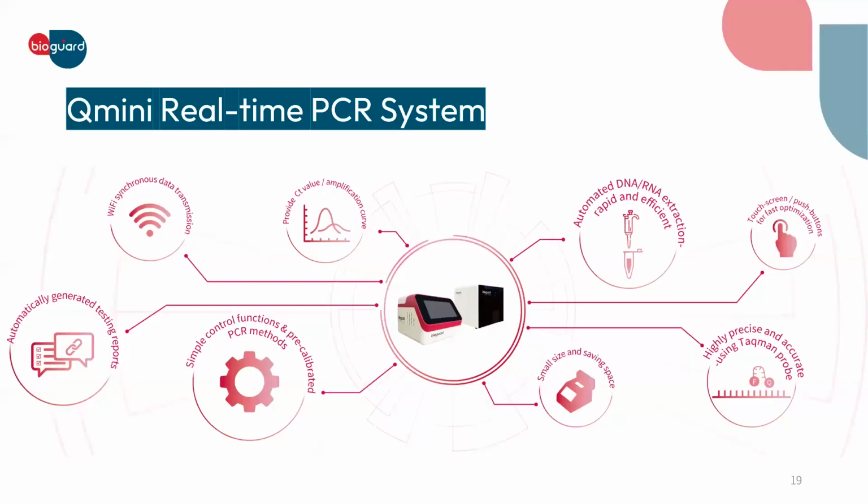The advantage of using a QMINI real-time PCR system is that, compared to conventional PCR, all the reagents and even the PCR programs are pre-calibrated and produced inside the machine as well as inside the kits.